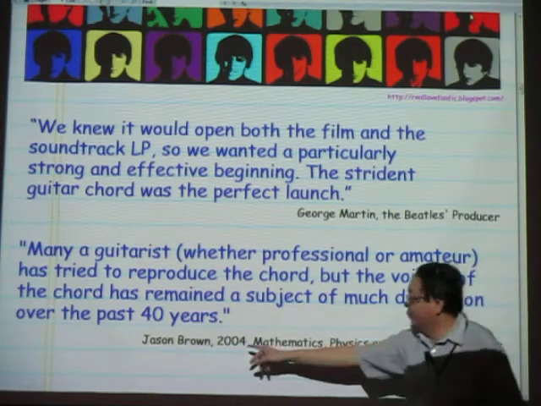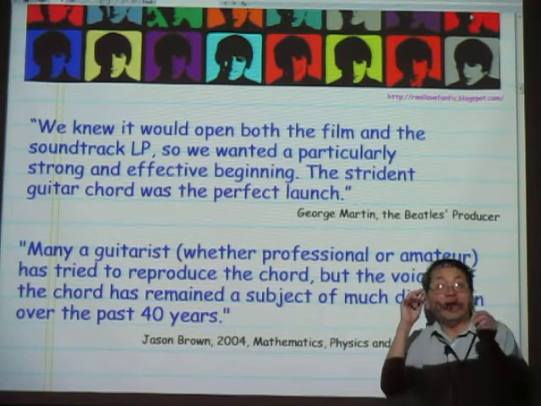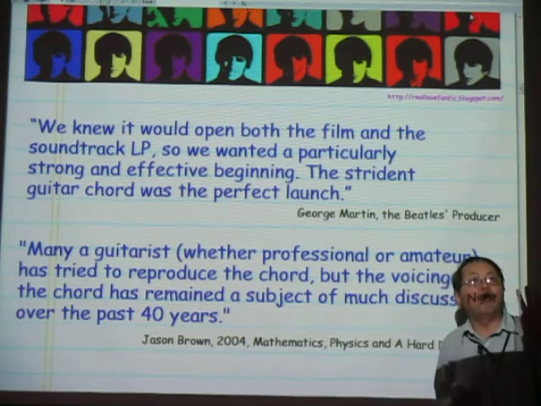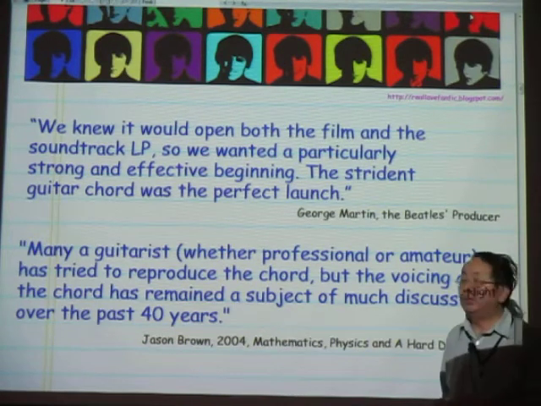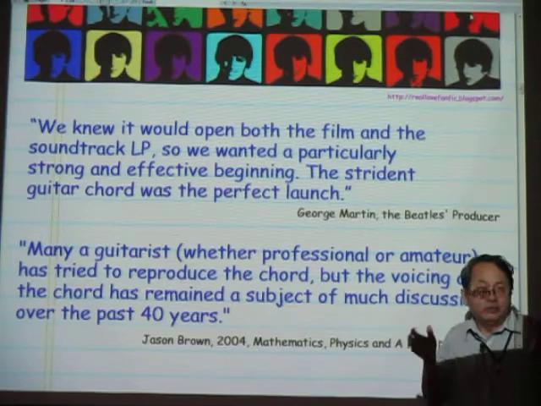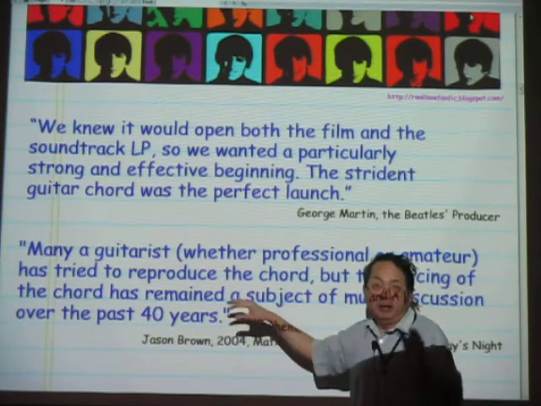And this is from the paper by Jason Brown, a professor in math, who used FFT in 2004. So that's 40 years since the release of the song. Okay, and he used FFT to detect the notes in the opening chord.